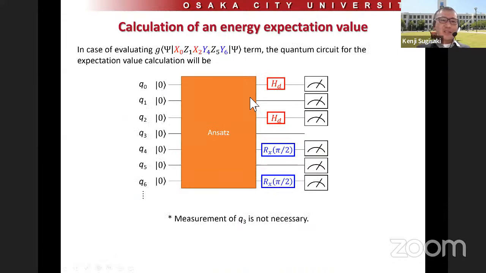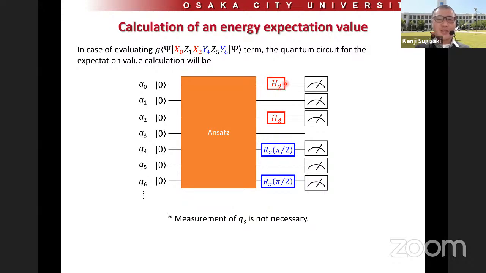So this is a general case. In the case of evaluating the x0, z1, x2, y4, z5, y6 term, the quantum circuit for evaluation can be written as shown here.